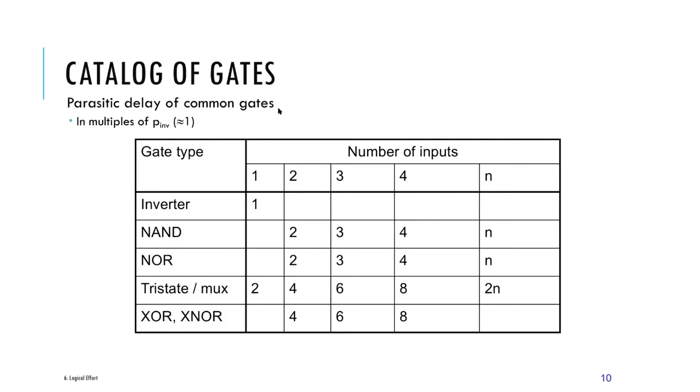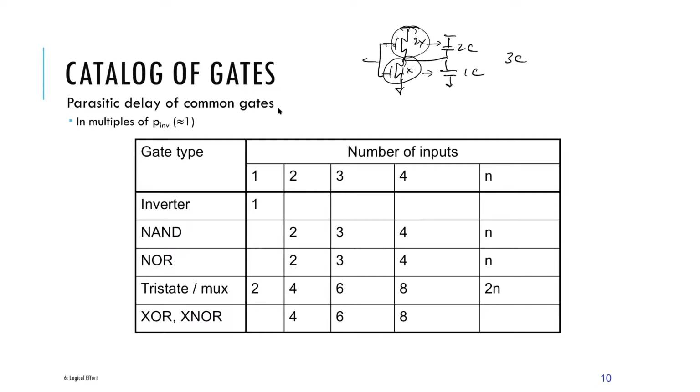Okay, and the P is basically again the ratio of the drain capacitance to that of the normal inverter. The inverter has 2x, so there are 2 C's for this one, and for this one it is 1 unit size, so that will have 1 C. Once we redraw the sizes for another gate, we divide that drain capacitance by this one.